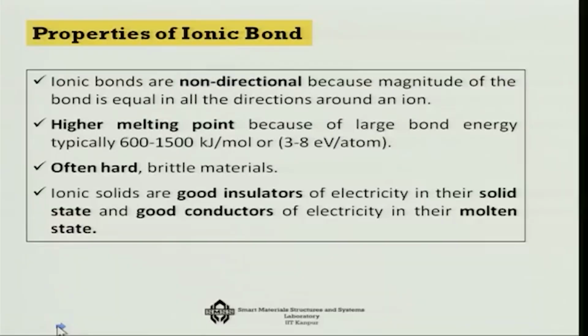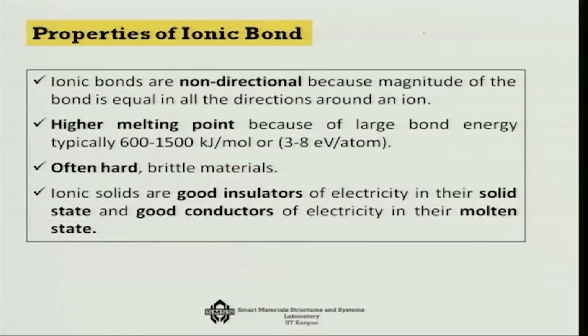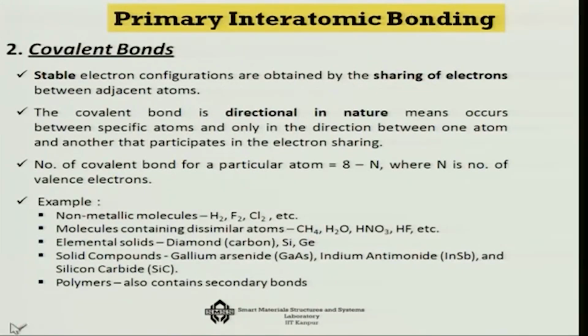Now, the overall properties from the ionic bond perspective: they are non-directional. Why? Because these are two ions, and they can get attracted from any direction. If we consider one positive and one negative ion, they can attract in any way, coming from any direction.